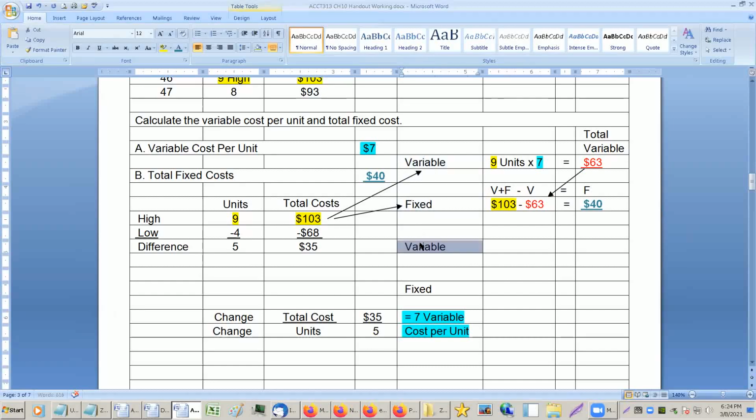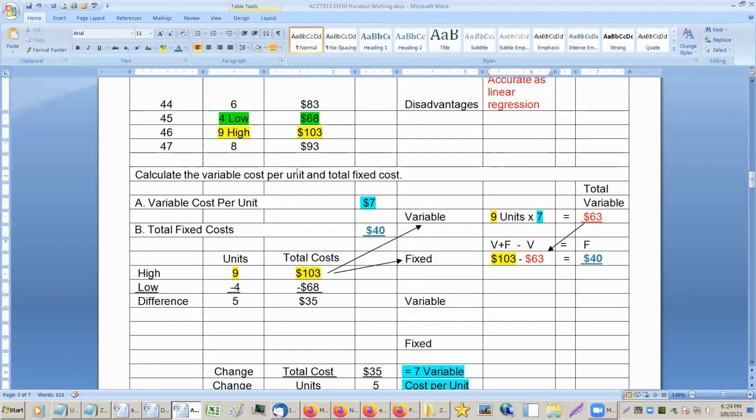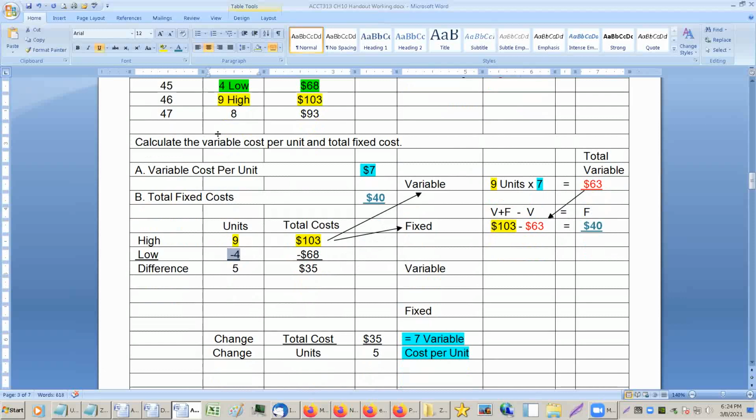Using the low. Now the number is going to be a little bit different. So this would be 4 units times 7.